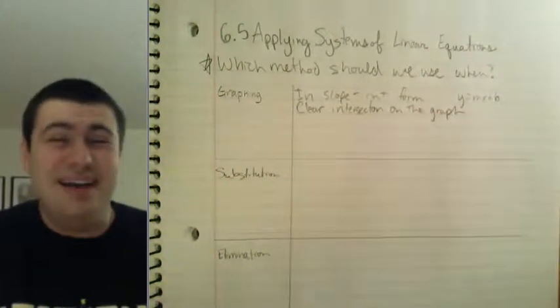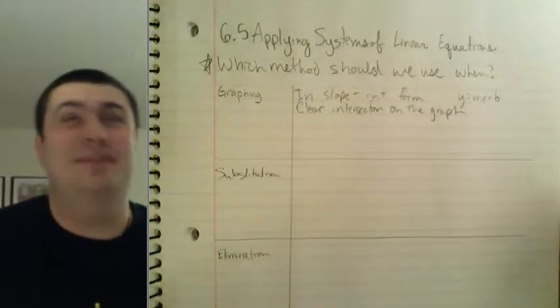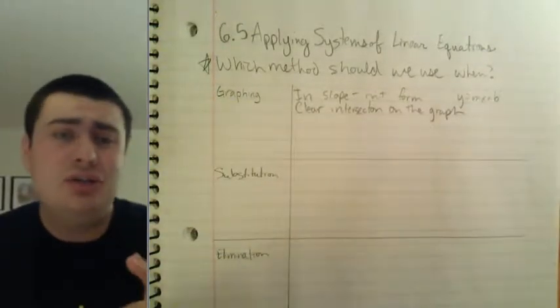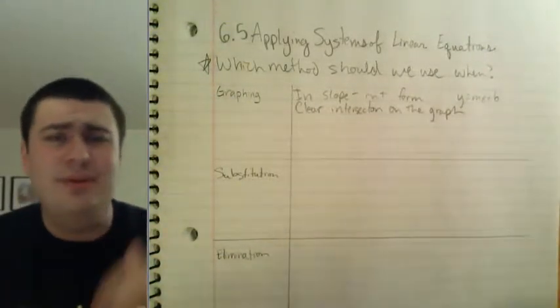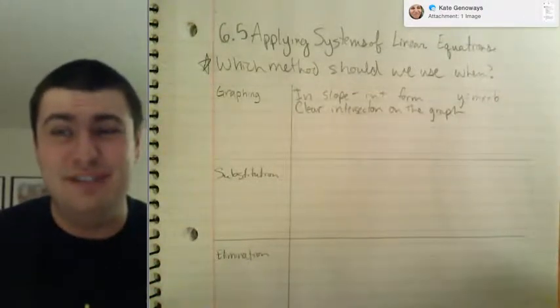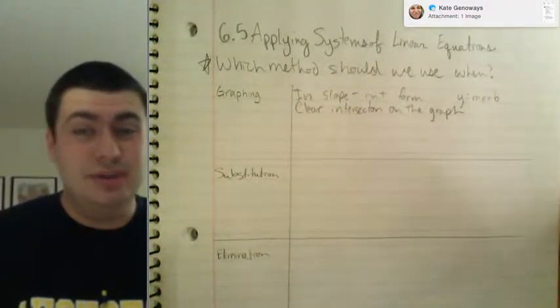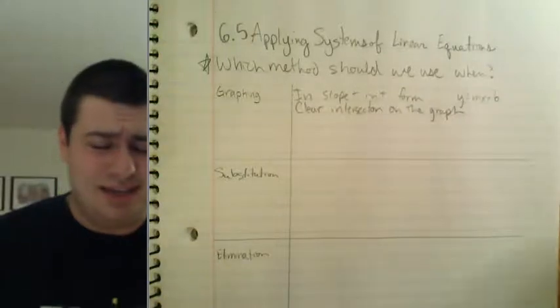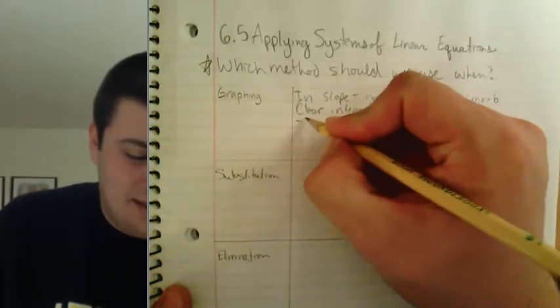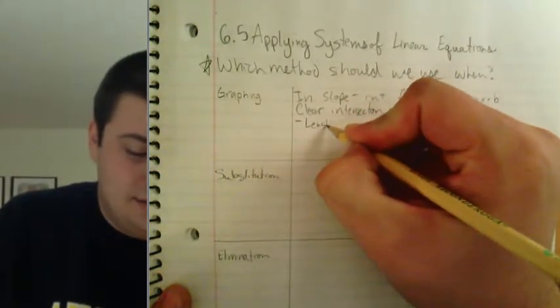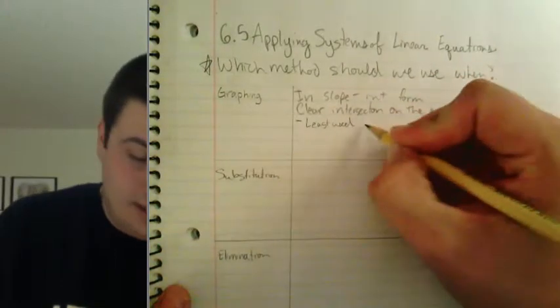We don't want to have to graph these to find out that it intersects between 2 and 3 and between 3 and 4 and have to estimate. That wouldn't really be efficient. What we'll want to do is use another method if it comes to that, because quite frankly, this is the least used method.